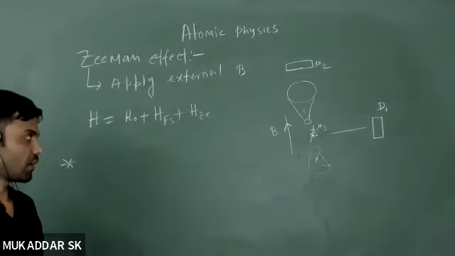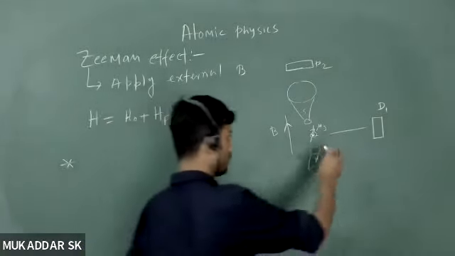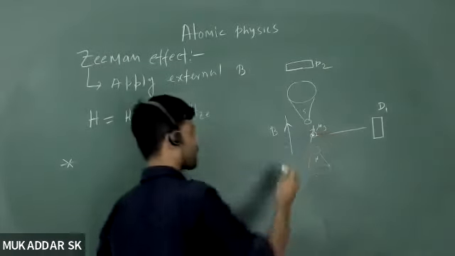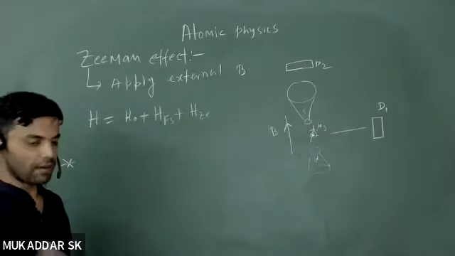Why am I saying this? Because when we look at the emitted photon, there will be a transition among those levels, so you will get some line photon here.